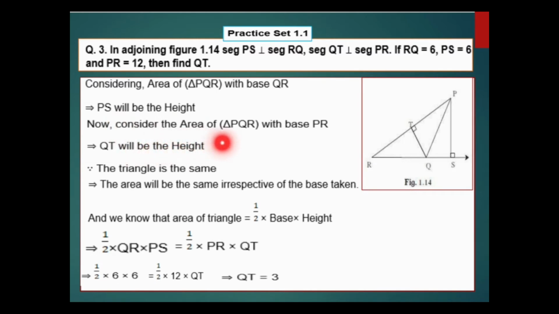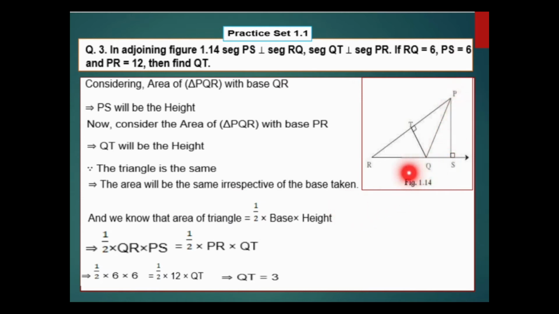Now consider the area of triangle PQR with base PR. So next time we consider this PR as base and this TQ as its height, that is QT will be the height. Since the triangle is the same, the area will be the same irrespective of the base taken.